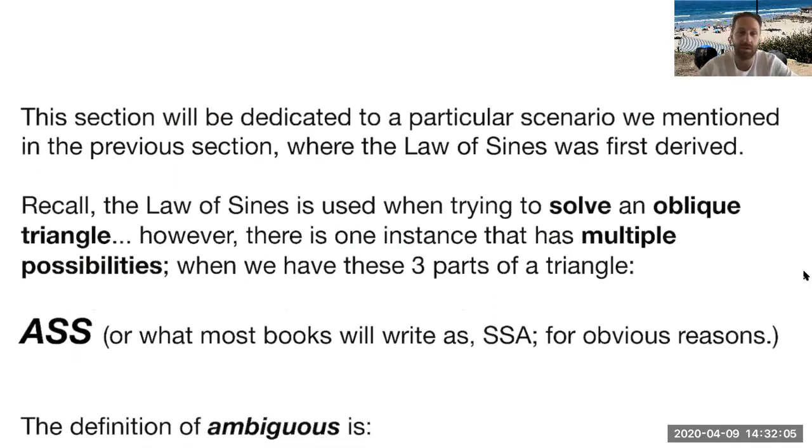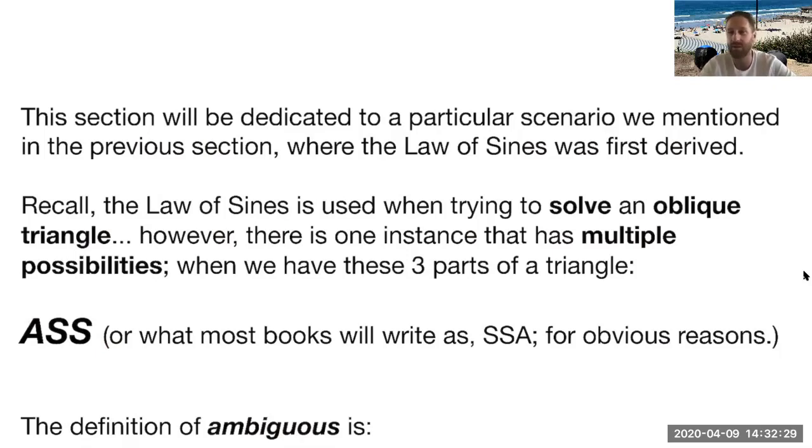So, as I mentioned, we're going to dedicate this whole section to just this special example. And I think you might have seen it already. I bolded it pretty large. But this scenario right here, which was our case number two, when we're trying to solve these oblique triangles, remember, they're going to have to give us three parts.